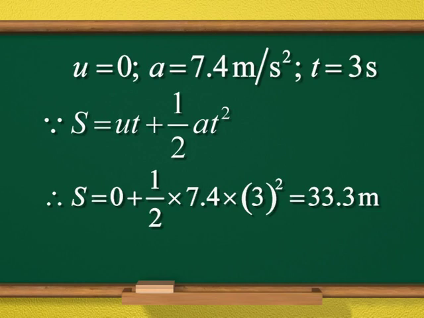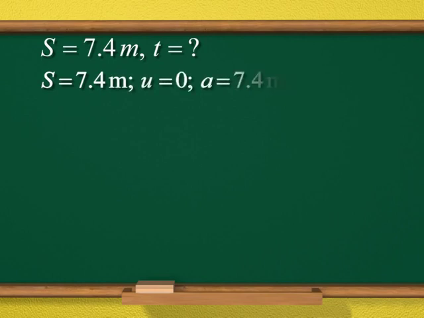Now, how long does it take for the racer to travel 7.4 meter? Here, distance s is equal to 7.4 meter.